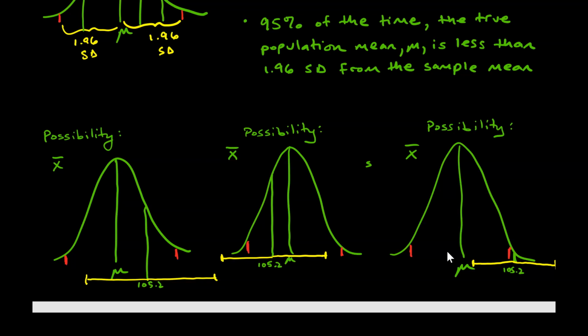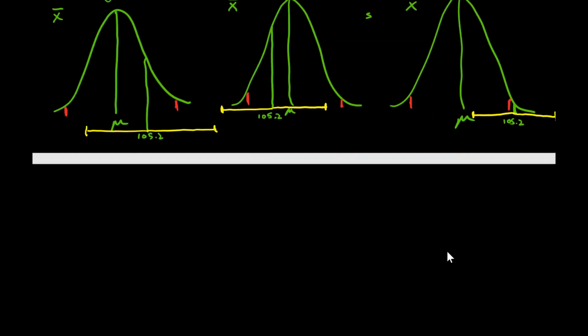Okay, so let's take a look at what this means algebraically and how we actually compute these confidence intervals. Algebraically, deviating 1.96 standard deviations on either side of the sample mean looks like this. You start with your sample mean, your x bar, and you add or subtract 1.96 standard deviations of the distribution of sample means, which remember is sigma divided by root n.